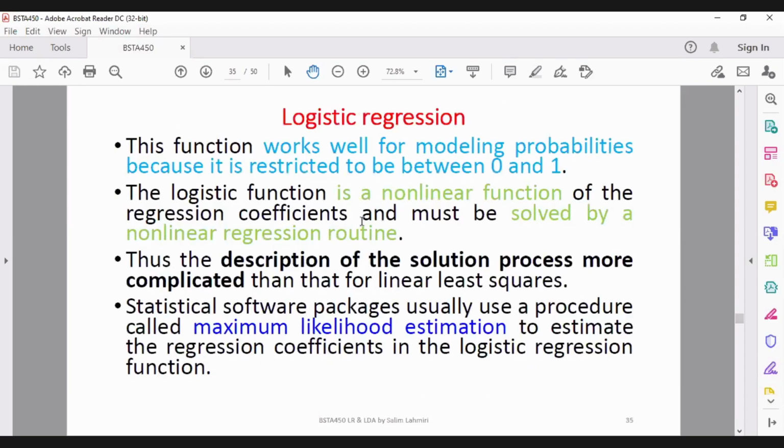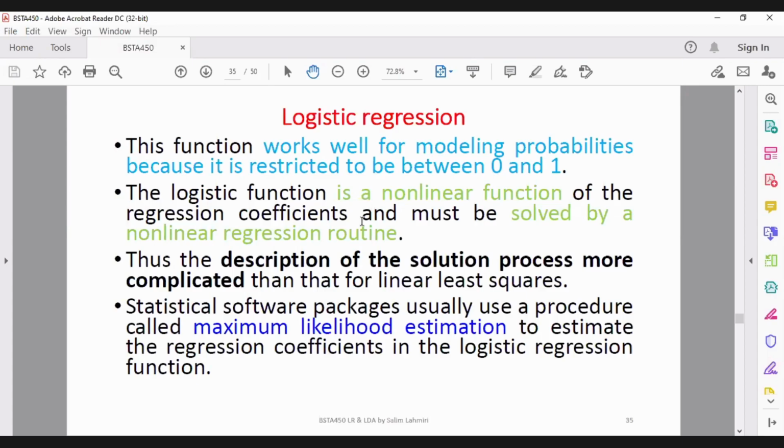So logistic regression works well to model probabilities because it is restricted to be between 0 and 1. Whatever the x's are, the resulting probability of y will always be between 0 and 1. This is the beauty of using logistic regression.